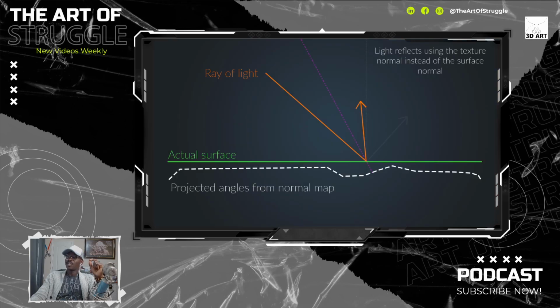All right, so let's go back to this model. When you're baking your information, what the software is going to do is shoot out a bunch of light, a bunch of photons. If this is our high poly surface, it's going to bounce this light off right here.